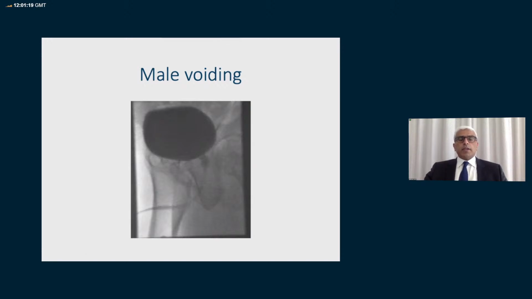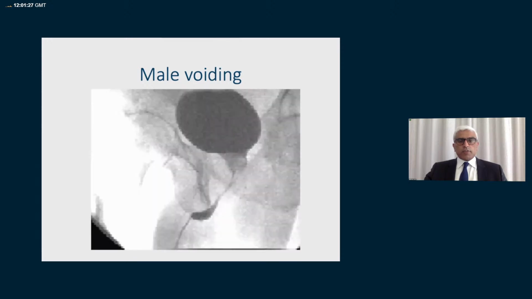Again, if a neurogenic patient, it's a DSD; if it's non-neurogenic, then it can be a voiding dysfunction patient. This patient has had a TURP and then could not pass urine very well: wide open prostatic urethra, and a stricture at the junction of the prostate with the membranous urethra.